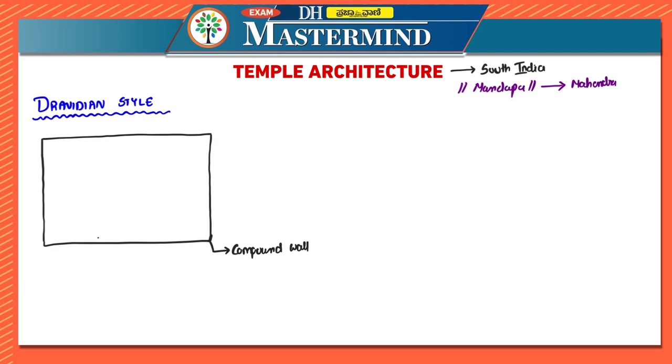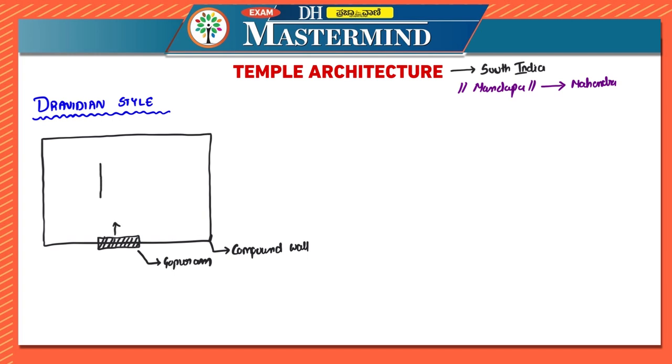And not just that, you had proper entrance as well. This is called a gateway. This is a huge gateway to enter, and this is known as Gopuram. That is, it is the entrance towards the temple.